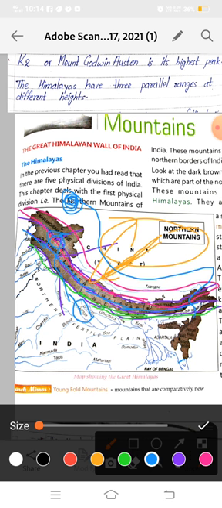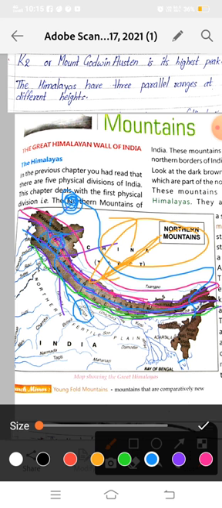When the Brahmaputra river is flowing outside of India, it is known as the Sangpo. But when this river enters India, it is known as the Brahmaputra river. River Satluj also originates from the Mansarovar lake.